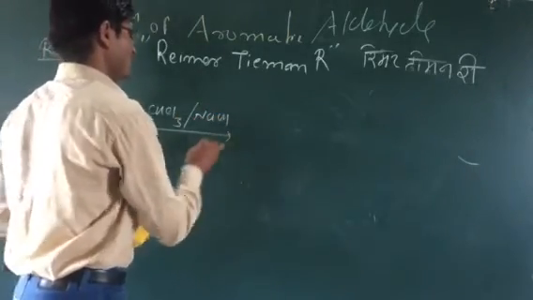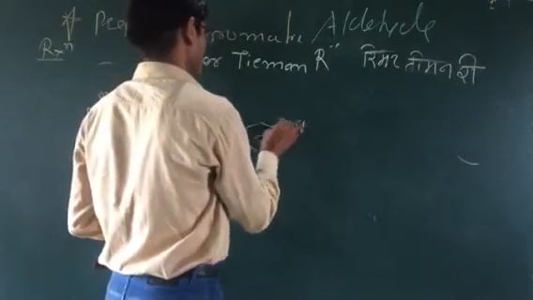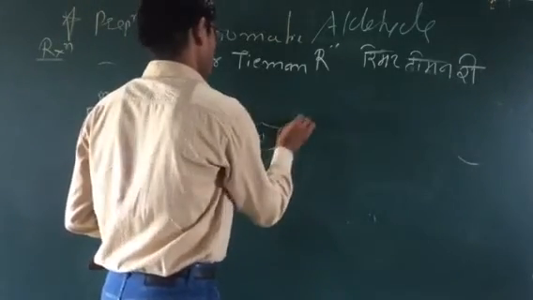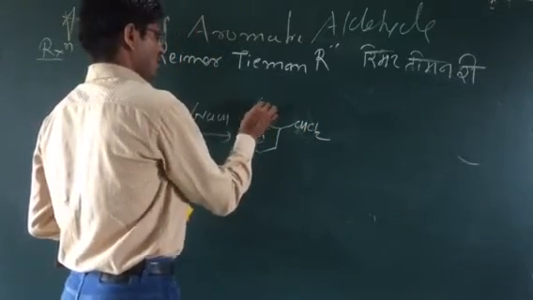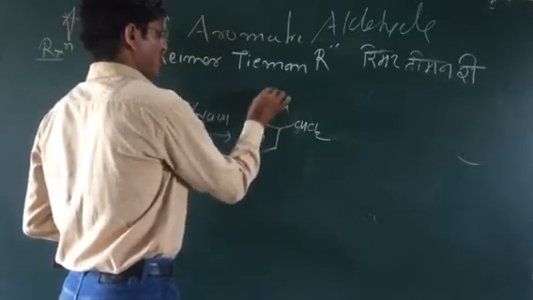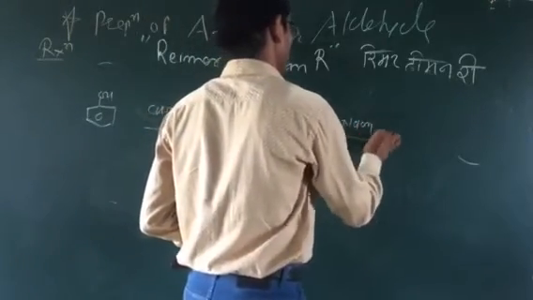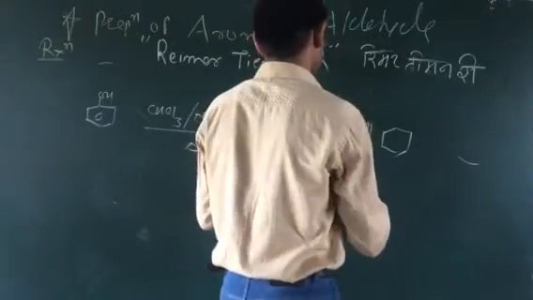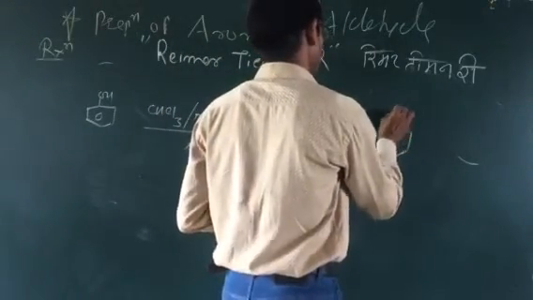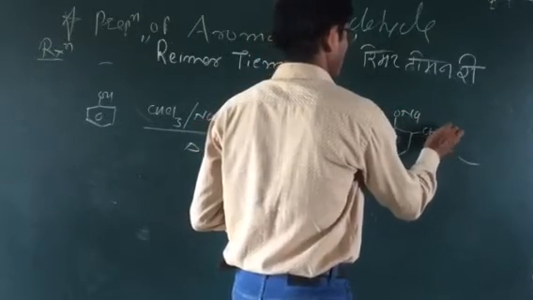Whatever type of intermediate is obtained, this is CHCl2, and here sodium phenoxide is there. Again it is treated with sodium hydroxide, and it converts into this, with ONa here and CHO there.